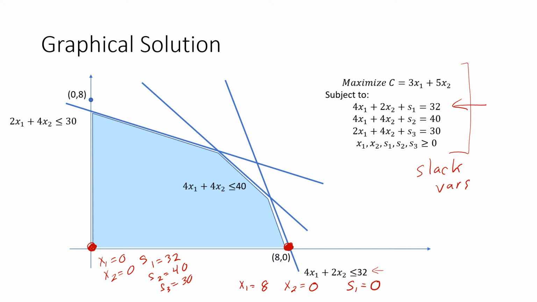But the key thing to note here is that every corner is going to have, in this case, two of our variables equal to 0. If we have 5 variables, a corner is going to have 5 variables equal to 0. If we have 3 variables, then a corner is going to have 3 of our variables, including our slack variables, equal to 0.